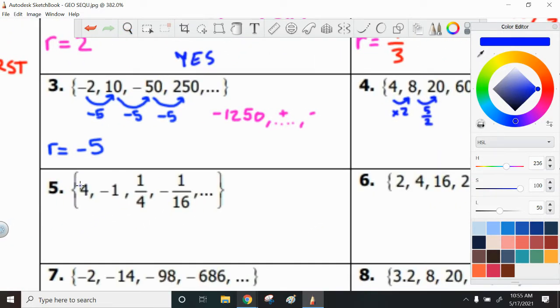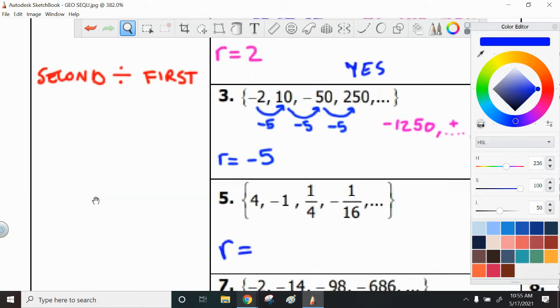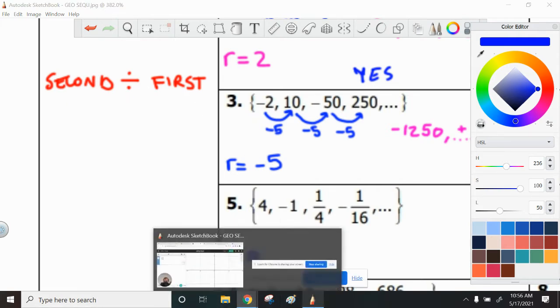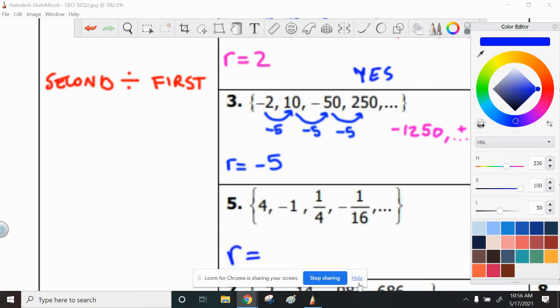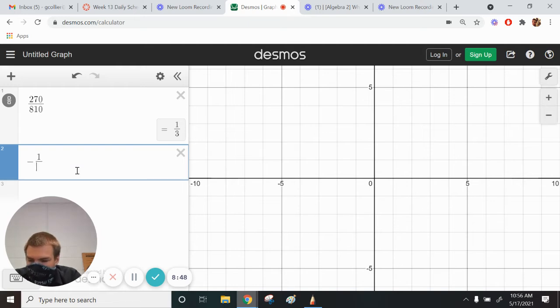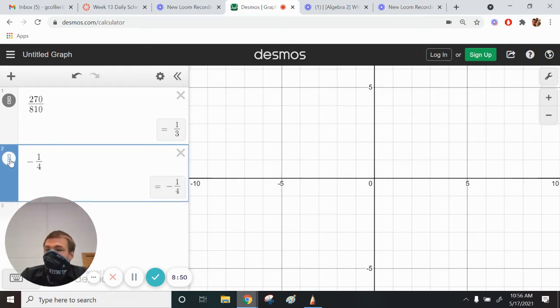Okay, what about number 5? Well, if you're never sure, you can always just do this. Take the second number and divide it by the first. So we could do, and this might seem a little silly, -1 divided by 4, and it would tell us that our ratio is -1/4.